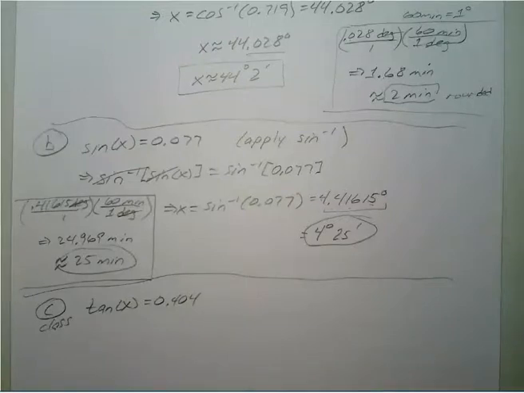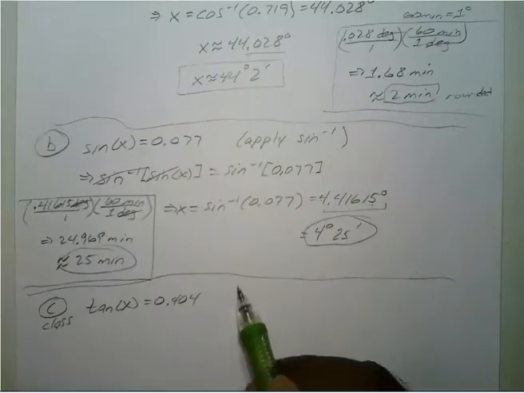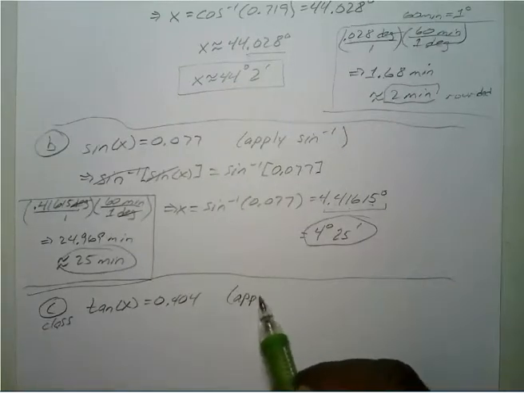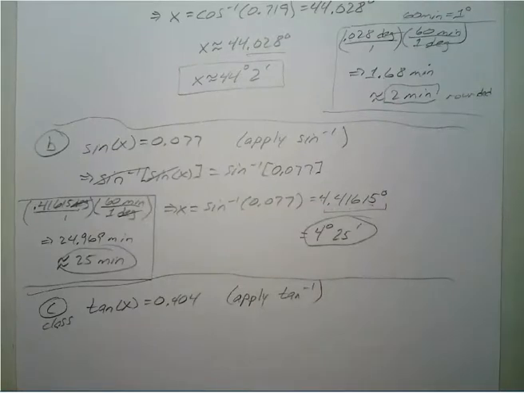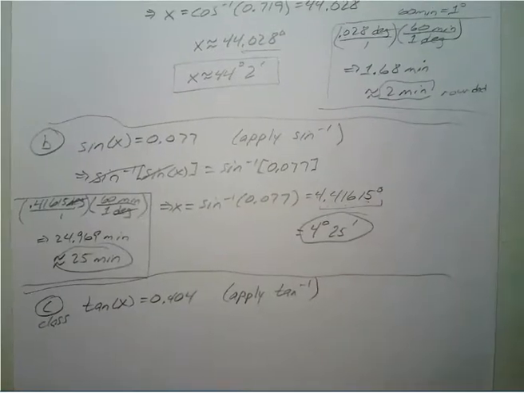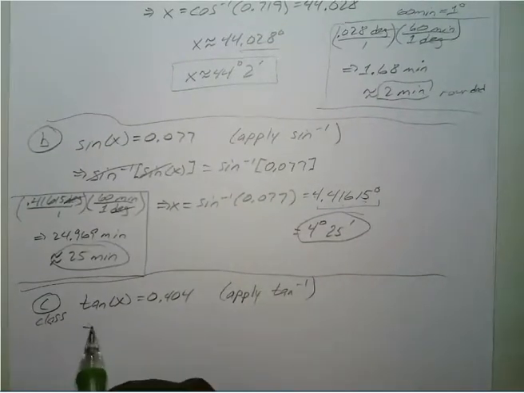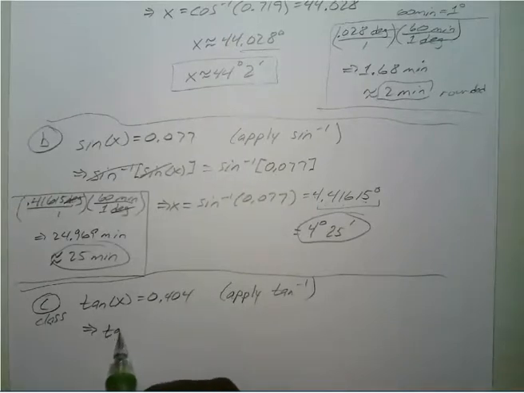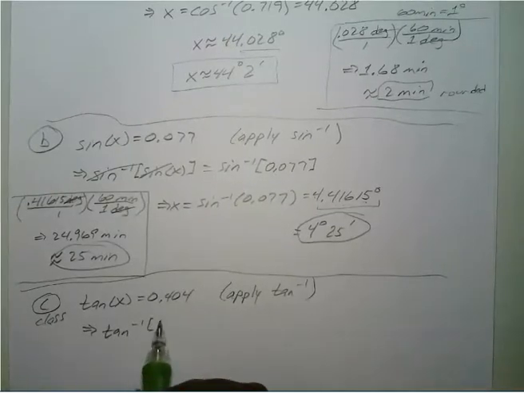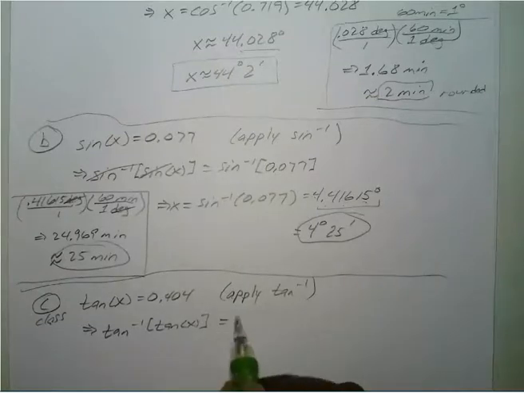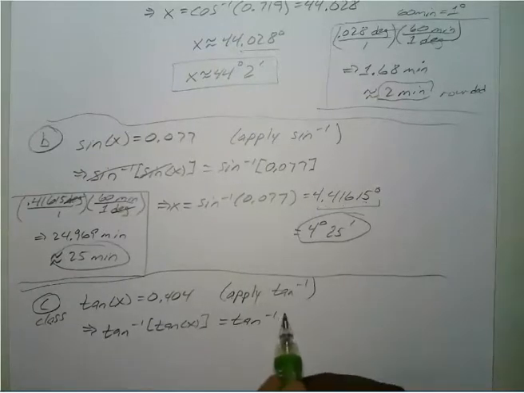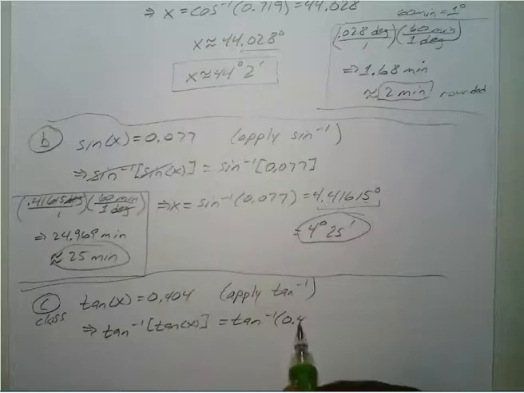All right, so I'm assuming you've already done it, so let's go ahead and verify. The first thing you should have done was apply tangent inverse to both sides. Okay, so you get tangent inverse of tangent of x equals tangent inverse of 0.404.